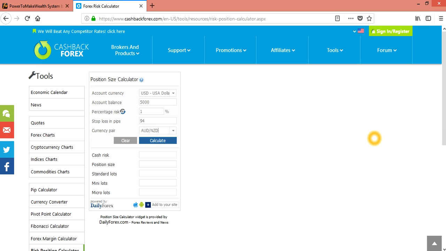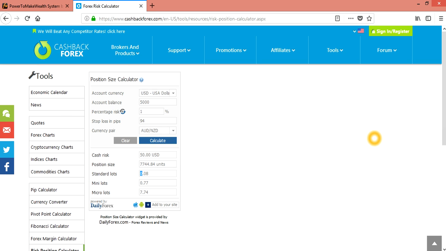When I press calculate here, what this calculator is going to tell me is the trade size right here. The size of the trade that I should trade to ensure that I'm only risking 1% of my account, with the stop loss being 94 pips.